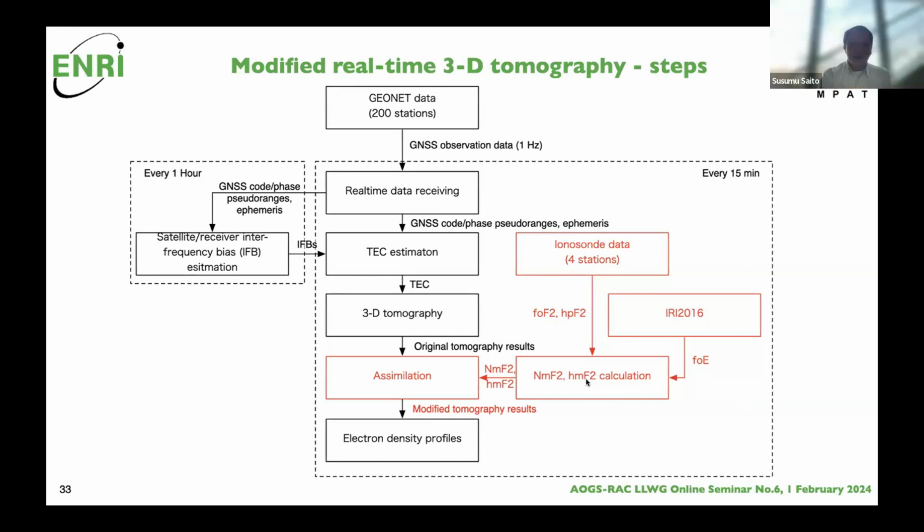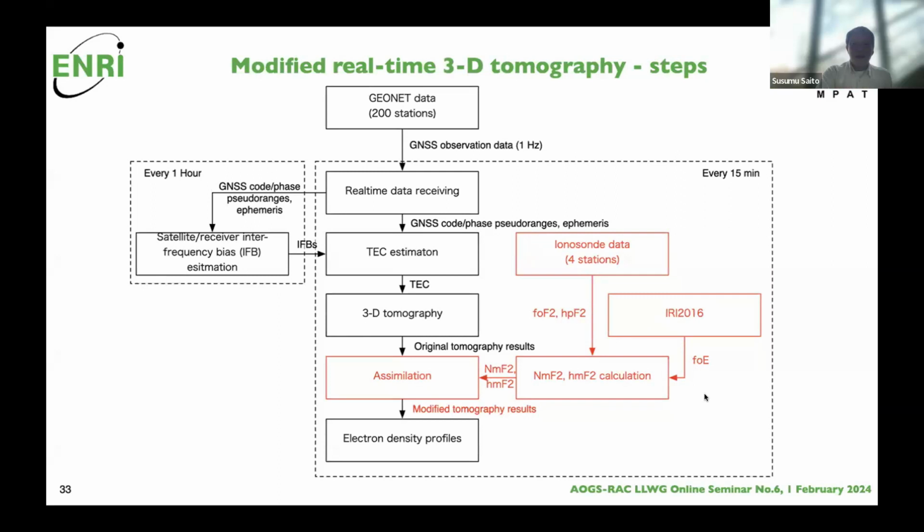Actually there is an equation to estimate the hmF2, or true height, the F2 peak height. In daytime, we need to correct the retardation or propagation delay in the E region.